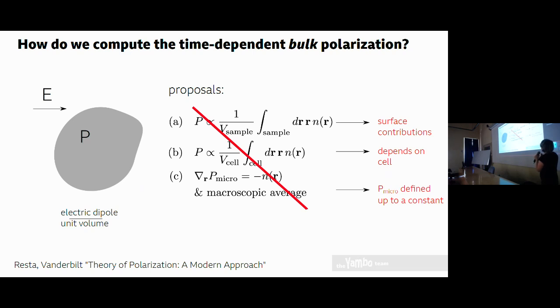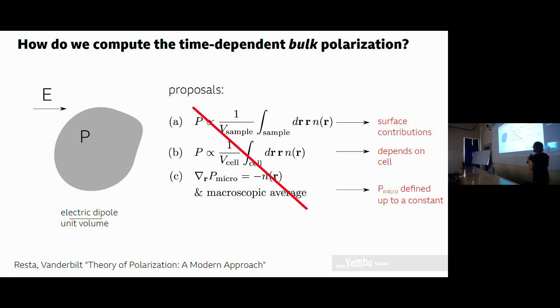So I will have bulk plus surface contribution, which I don't want. In the second case, the polarization that results will depend on the choice of the unit cell. You can think of some very simple 1D case where you can really have the polarization pointing in two different directions depending on how you choose the cell, for example.